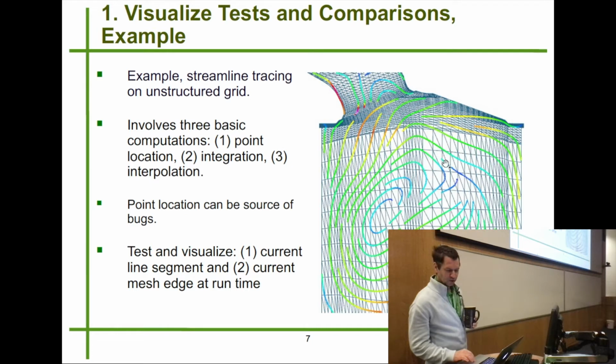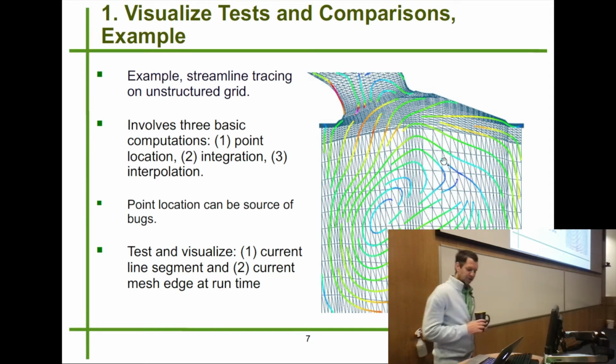Because you seed the streamline, and then you forward integrate, you interpolate, and then you eventually trace the streamline gradually, point by point. But what can be the bug? Sometimes you have unexpected short streamlines that don't finish, don't complete their path.